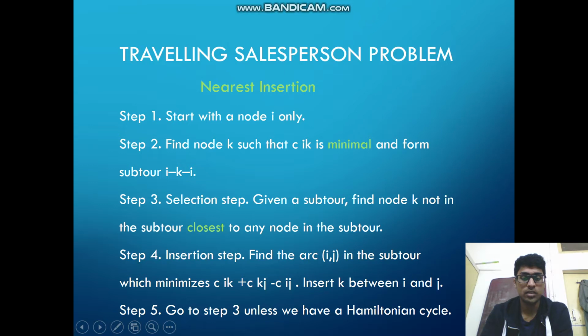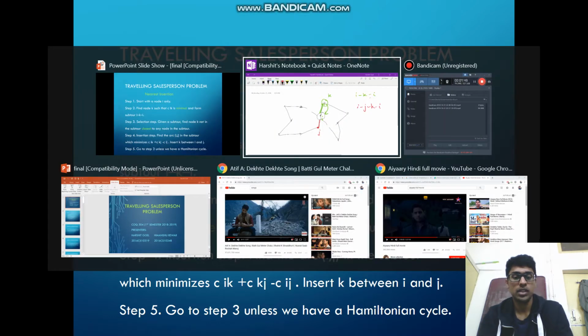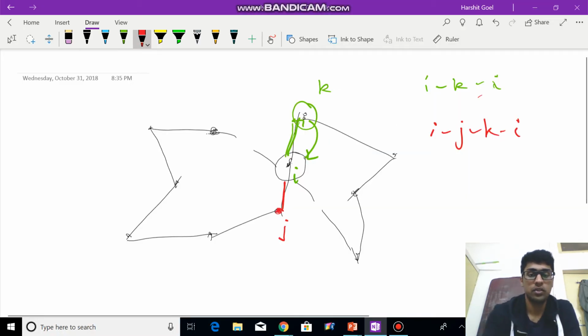The insertion step is determined like I said: find the arc (i,j) in the subtour which minimizes c_ik plus c_kj minus c_ij, and insert k between i and j. What this says is basically the same thing: we have this c_ik, and then c_ij and c_jk.